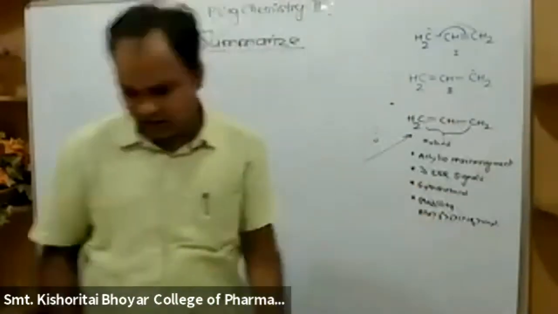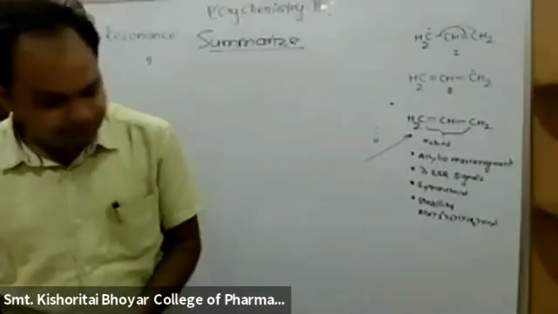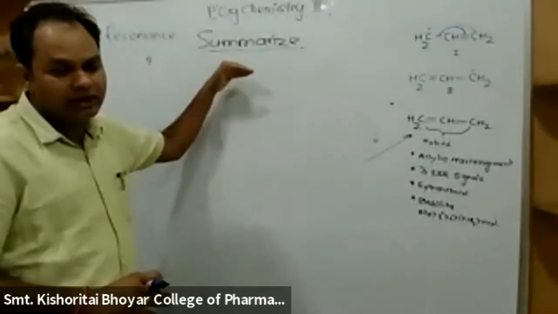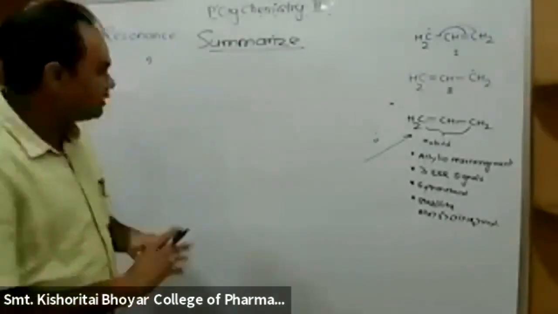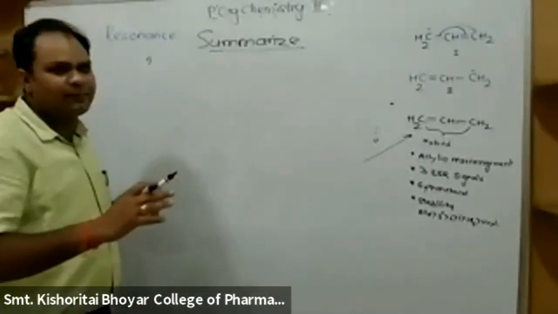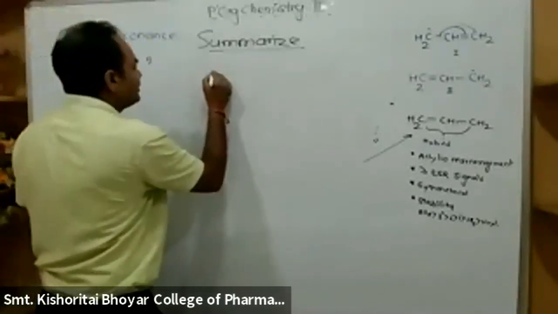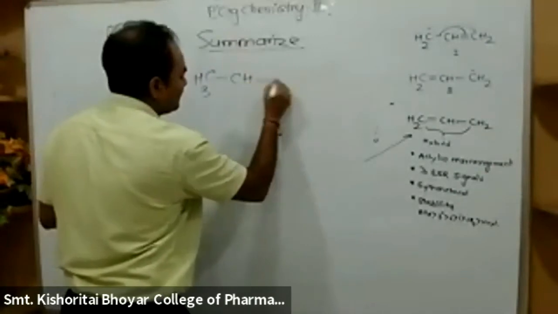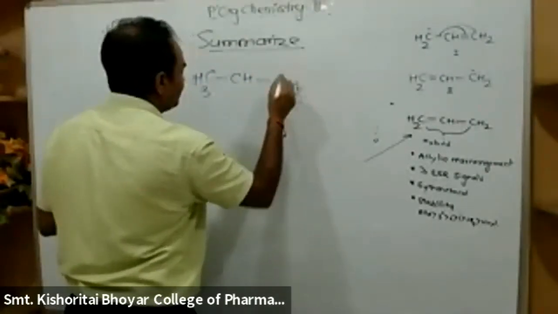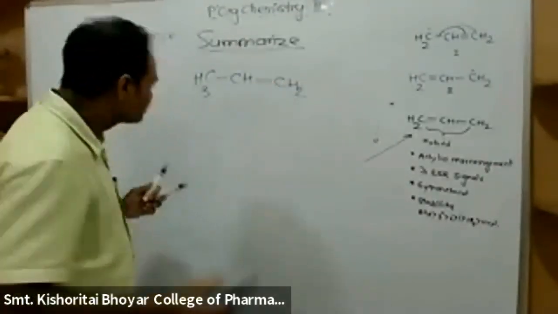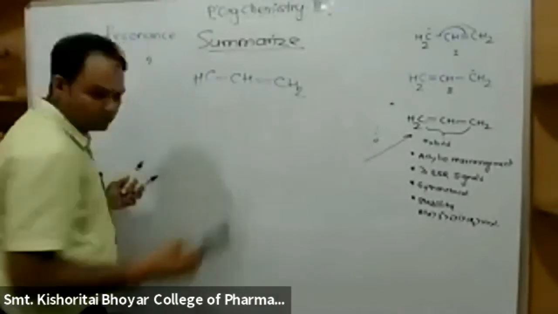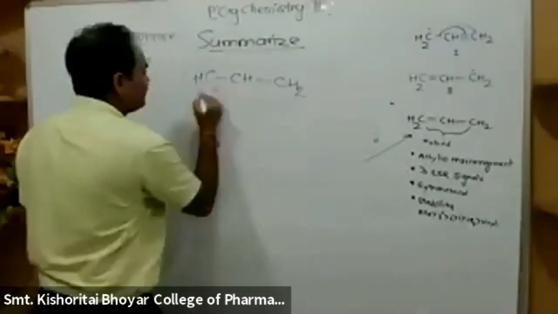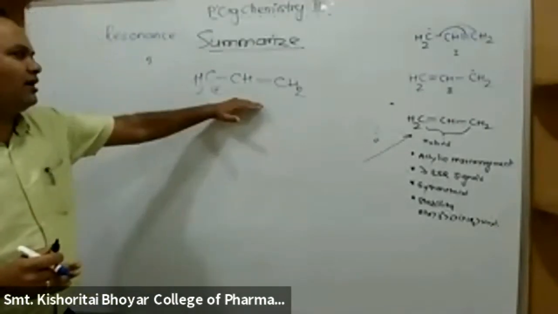Okay, so this is all about the summarized points of the resonance. Okay, now we will see some examples of the resonance again. Okay, see this. Okay, now this is a well-known example again.